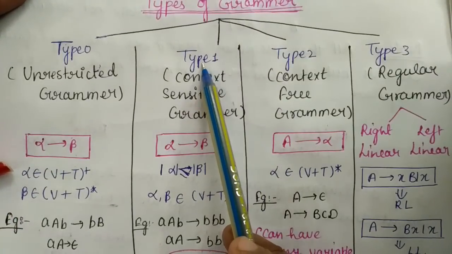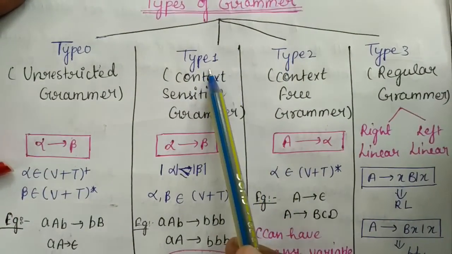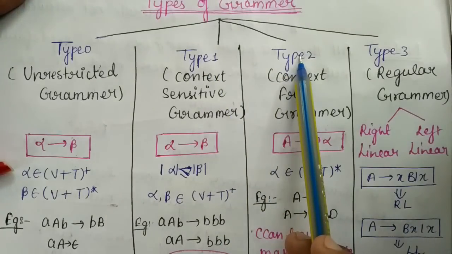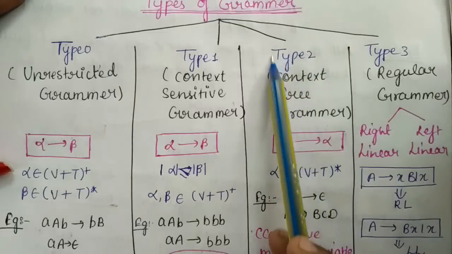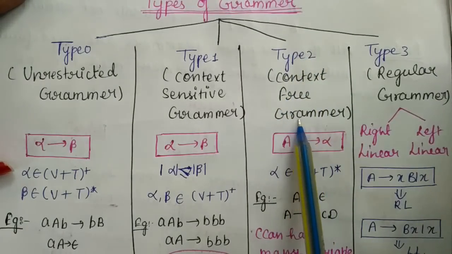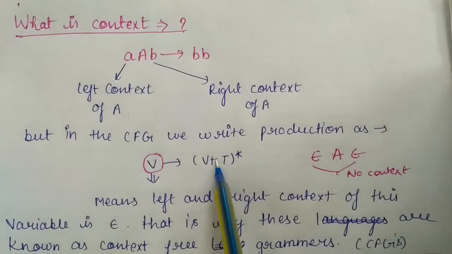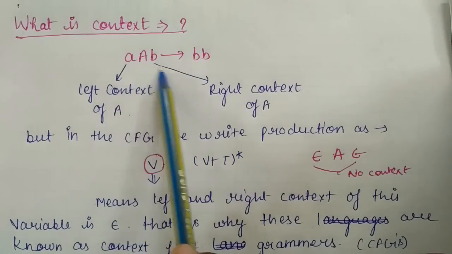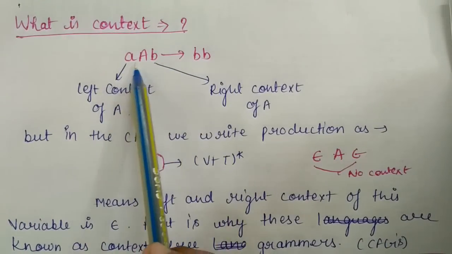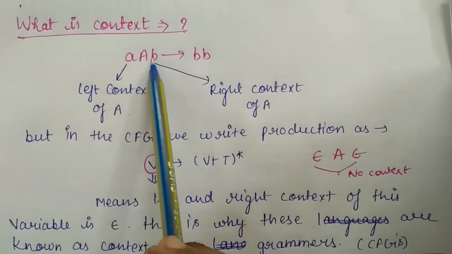If we put more restriction on type 1 grammar, then we derive type 2 grammar. Type 2 grammar is also known as context free grammar. First of all we have to understand what context is. If you have a production like this, the variable A has a left context and a right context.